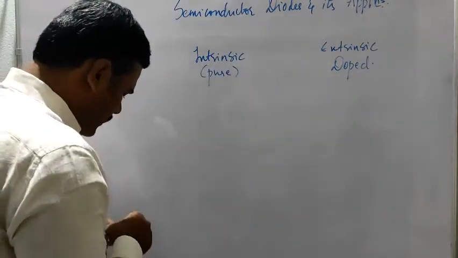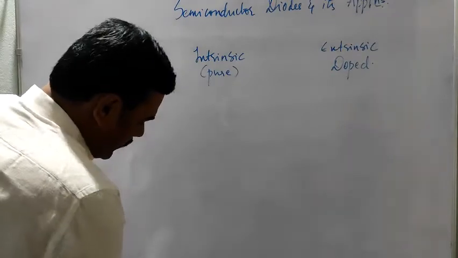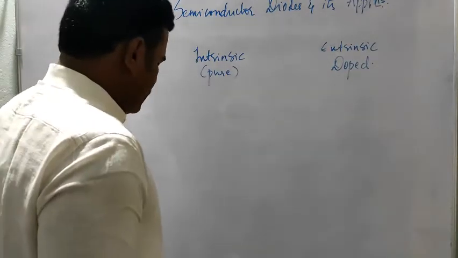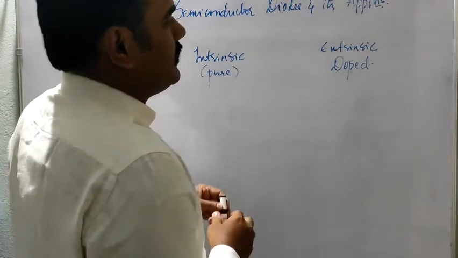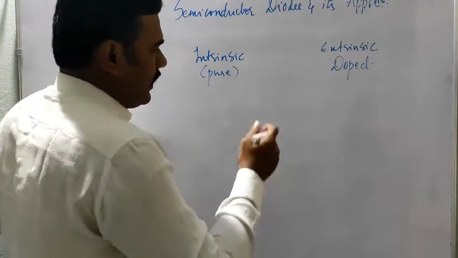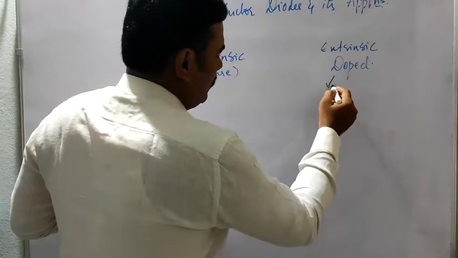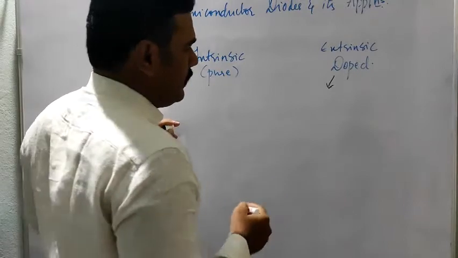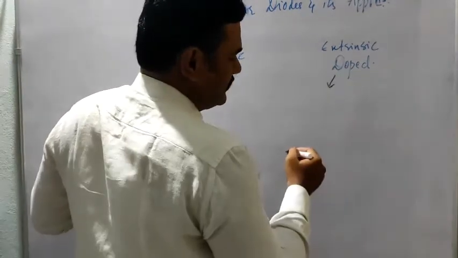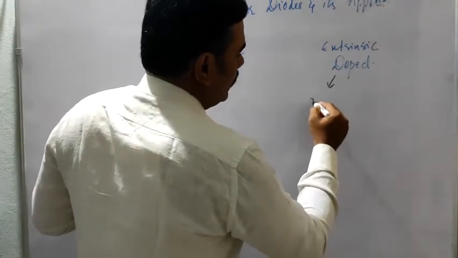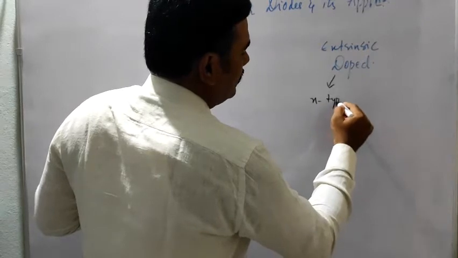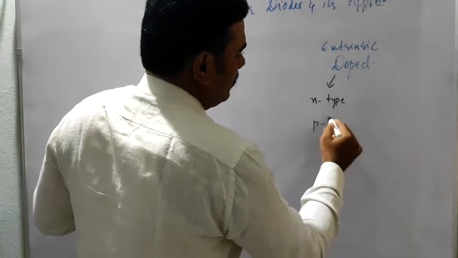We wantedly dope some impurity to the intrinsic semiconductor to form an extrinsic semiconductor, and depending on the type of dopant we dope, we classify this extrinsic semiconductor into two. One is N type and one more is P type.